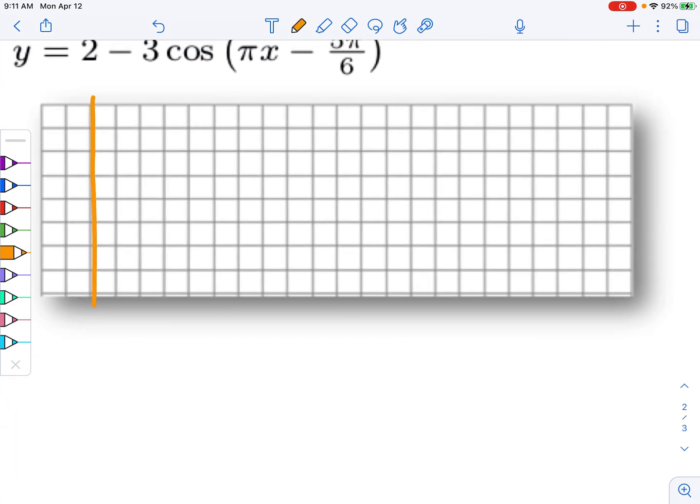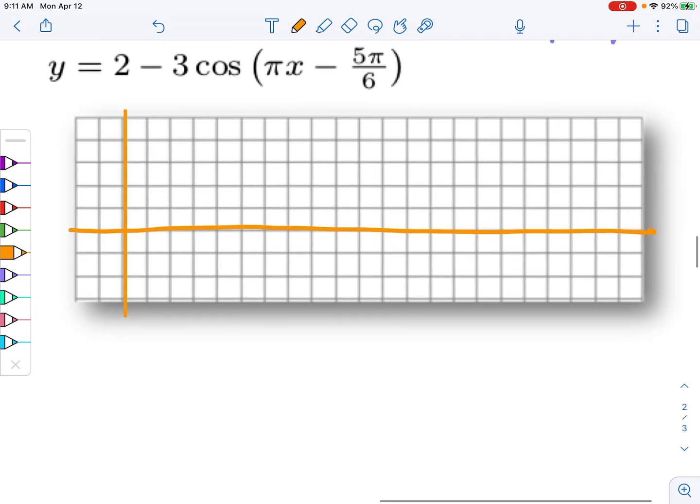I'm going to draw my xy axes. I'm going to put it a little bit lower this time just because of that +2. This is going to come in handy in a moment. You want to have it a little bit lower just so we have enough room for our graph. I think I'll put every value by 1. It's not a bad idea. So 1, 2, 3, 4, 5, -1, -2, -3.